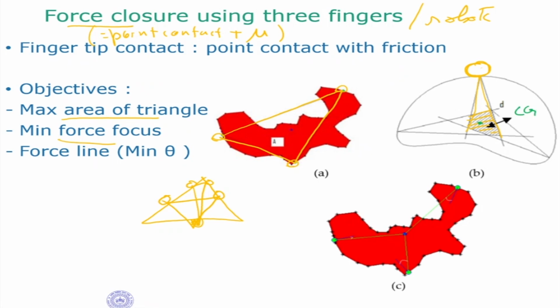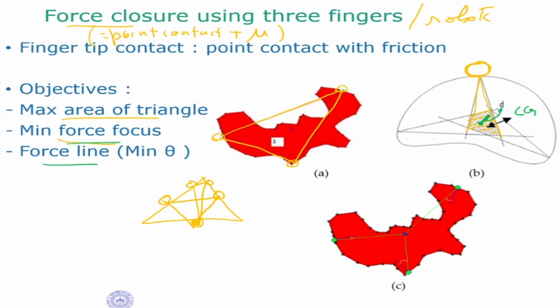If I take the center of this and the CG, I call that distance d. That is basically what I mean by force focus. If the forces are directed towards the CG of the object, then it is known that the grasp is stable.